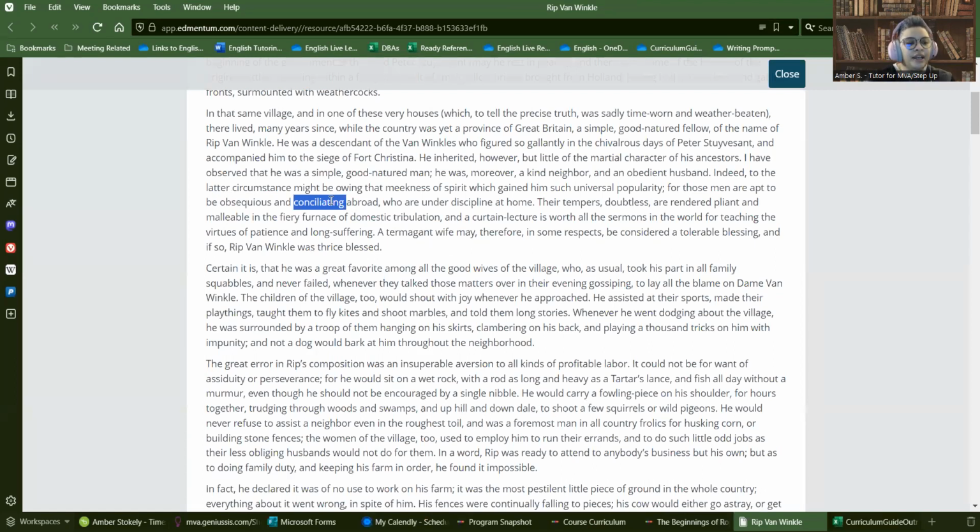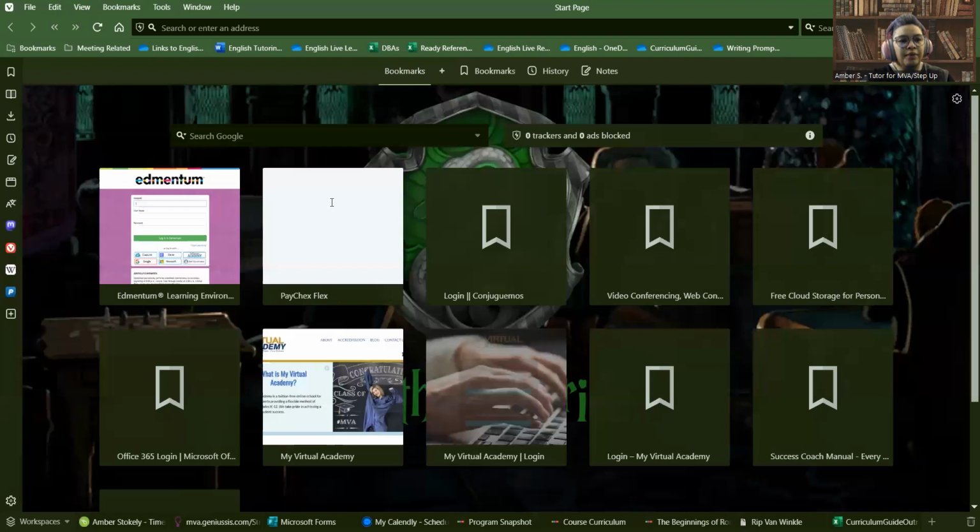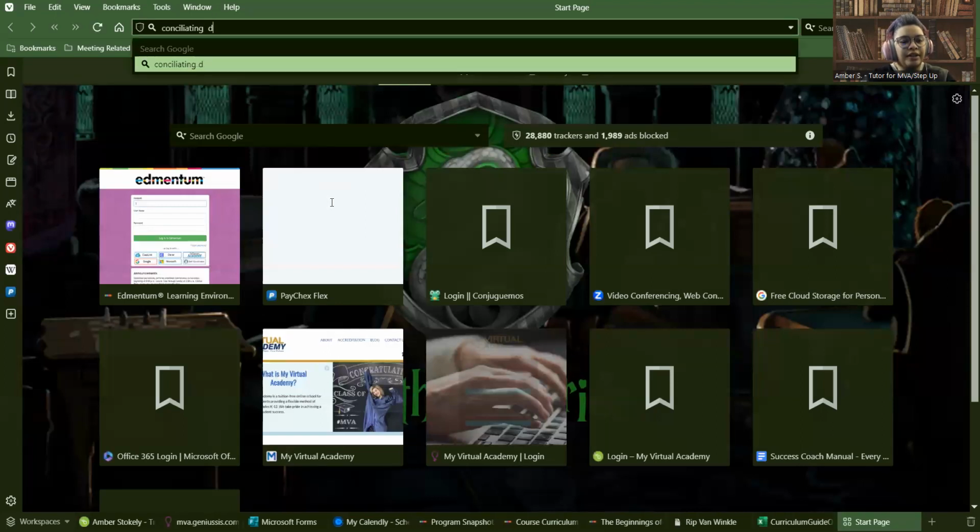And conciliating, I can make a guess at what this means because I know the word reconciliation, right? And this shares that section. The only thing that's different is the ing. If you're reconciling with someone, it means you're easy to make things up with. You're easy to forgive. So that's the context clues for that word. We're going to look it up and see if it actually means something close to that.